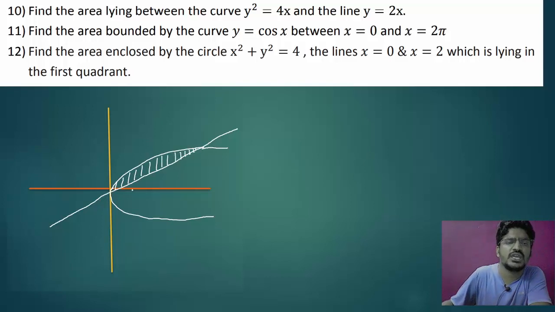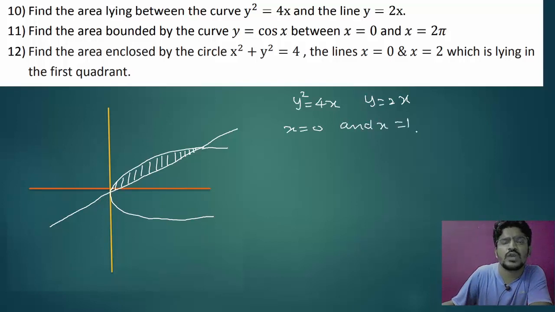Okay, so this area you have to find. Clear? You have two curves, y square equal to 4x and y equal to 2x. Previously we solved and got x equal to 0 and x equal to 1. So this will be the 0 and this will be the 1.